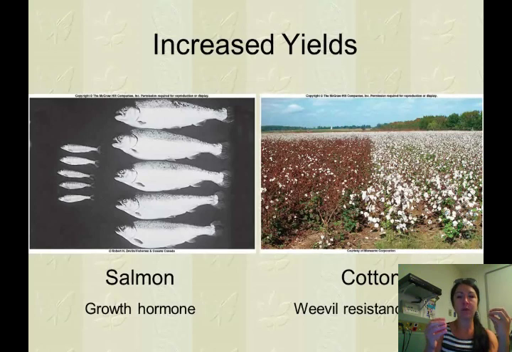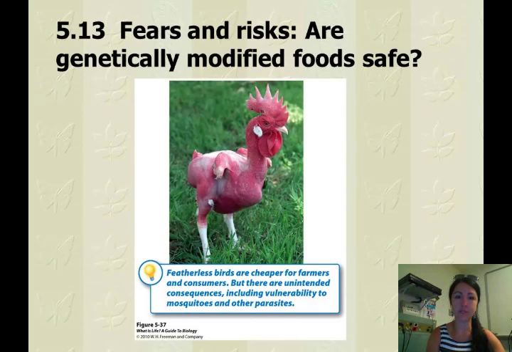And so we've scientifically, genetically engineered weevil resistance genes into the cotton on the right. And we get better crops, big, beautiful crops of cotton. And the weevils don't eat it because it kills off the weevils. So, interesting. Let me pause this real fast.